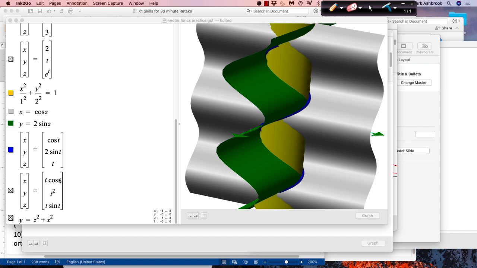It's a circle that slowly expands the farther away it gets from the y-axis. Nice. So I kind of draw like this. It will slowly loop around and then slowly go out.